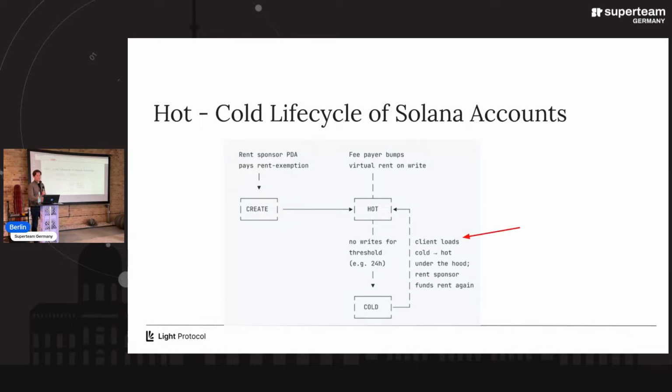And whenever you would access it again, you just load it under the hood. It's in the same transfer instruction which we saw earlier, all done for you. And the rent sponsor funds it again, and you have the same cycle, sort of. So you always only interact with the same Solana accounts, but with the cost savings of the ZK compression primitive itself.